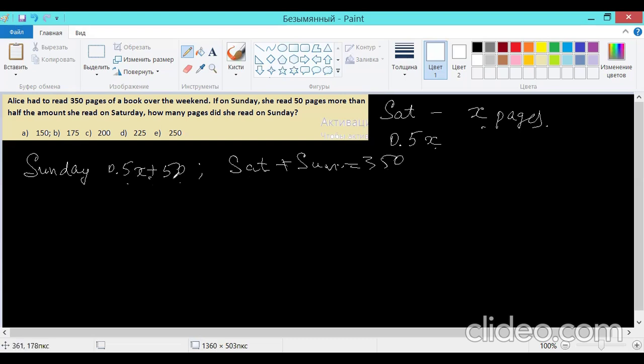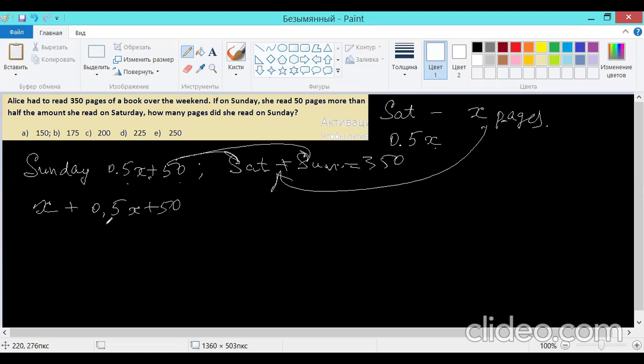So we should plug this into this formula. What do we get? X, the number of pages that she read on Saturday, plus 0.5 times X plus 50. This is the number of pages she read on Sunday, and in total it is equal to 350.